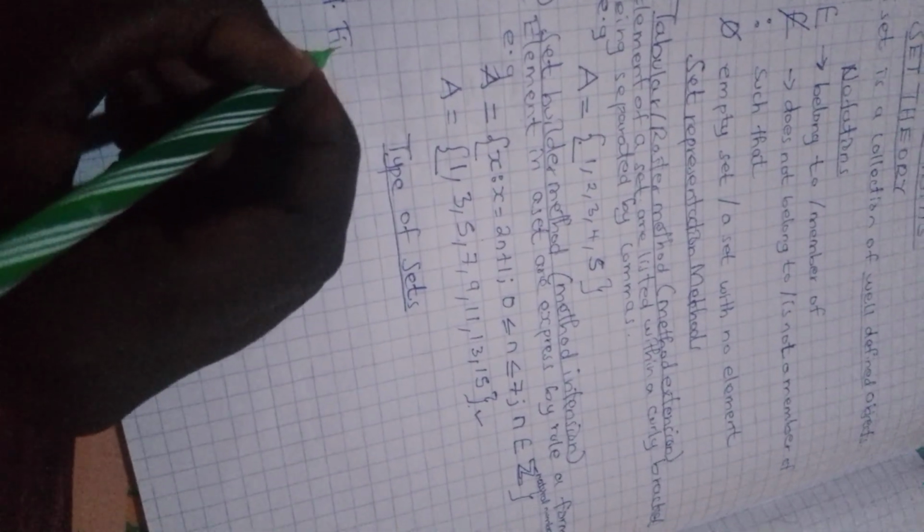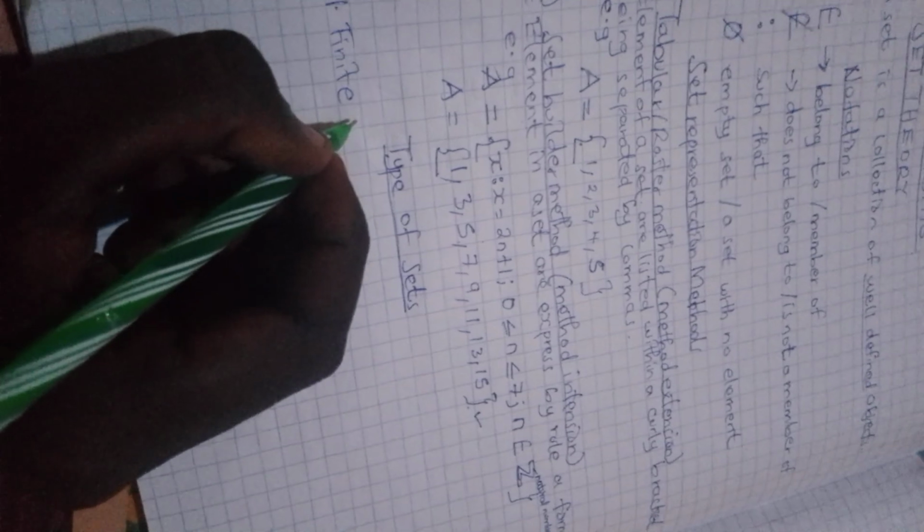Our number 1 will be finite and infinite sets. What does this mean? It means a set containing a finite number of elements is called a finite set, while an infinite set contains an infinite number of elements.